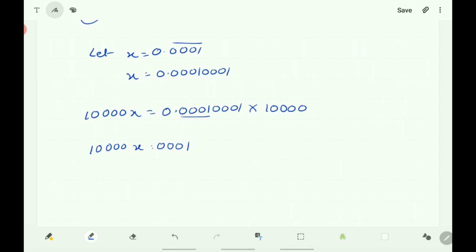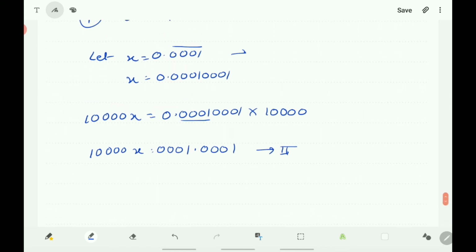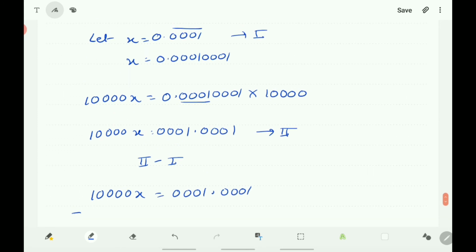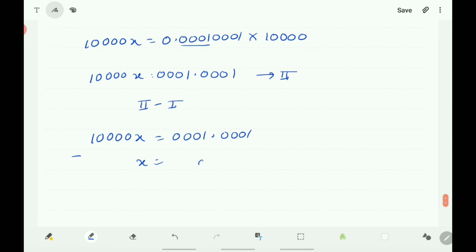So it becomes 0001.0001. Then you consider this is the second and this is the first. Then by second minus first, you will have 10,000x = 0001.0001, and minus, first you have taken x equals 0.0001.